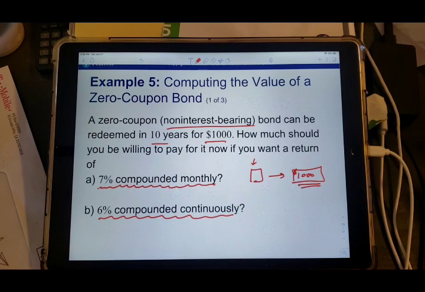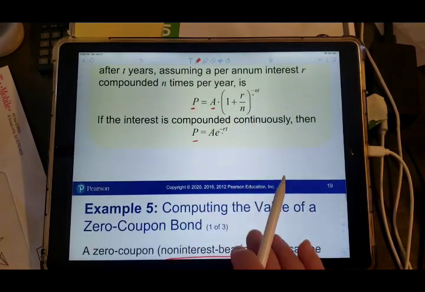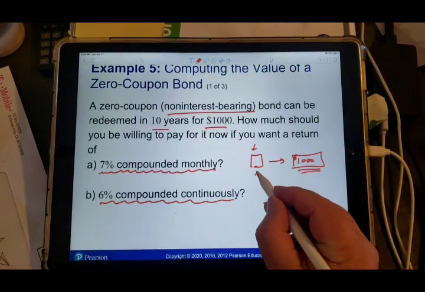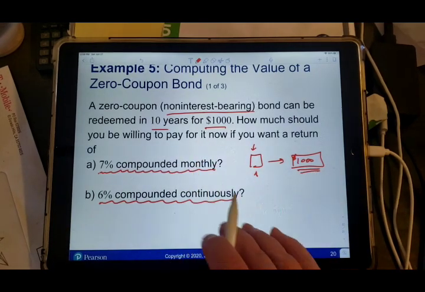If you wanted to make that comparison, you could make the comparison side by side, but you could just use these formulas and calculate to the penny how much you should be willing to pay for the opportunity to get $1,000 under these conditions.